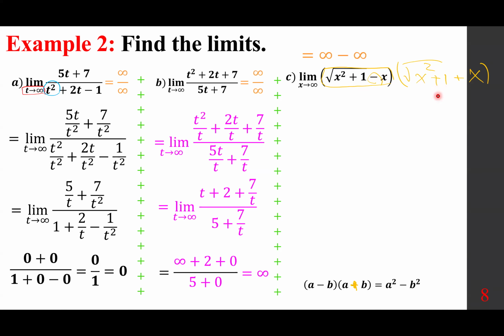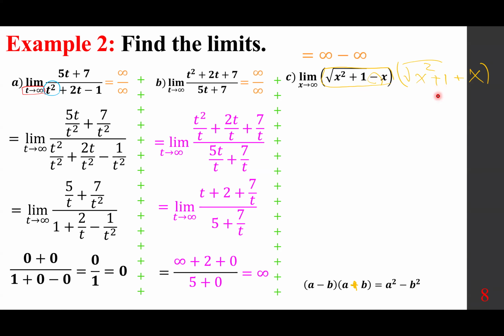So what do we do? We multiply and divide by the same thing. This expression, everybody, is 1, and you can multiply by it. So you extend the fraction bar.